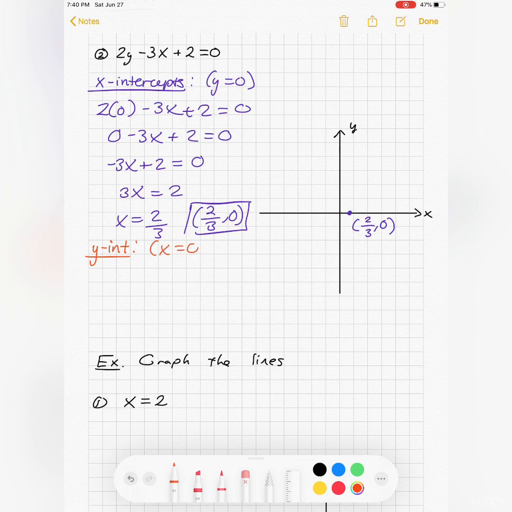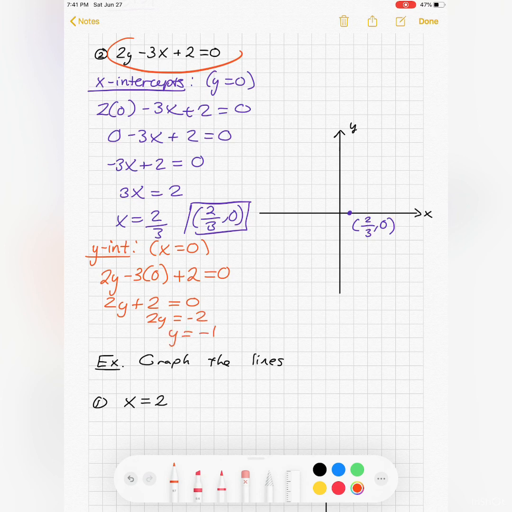Set x equal to 0. 2y minus 3 times 0 plus 2 is 0. y is -1.